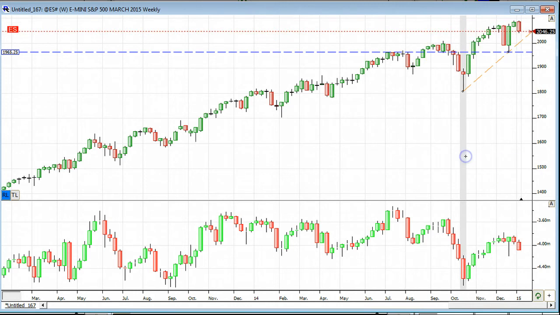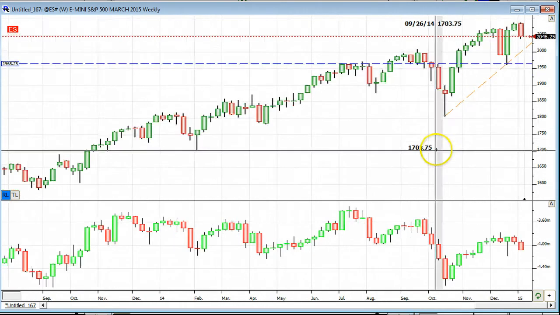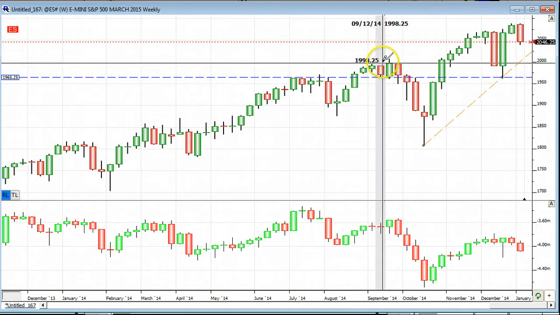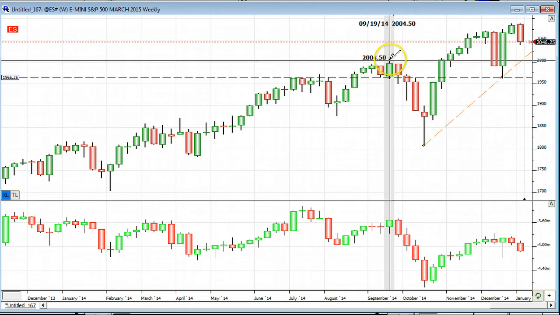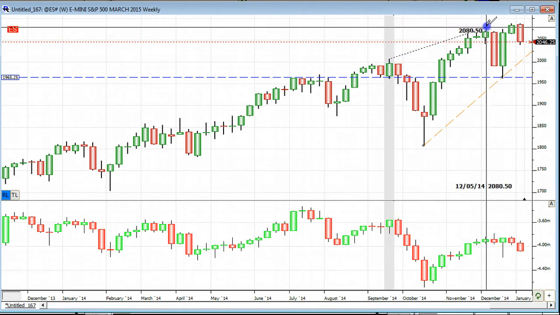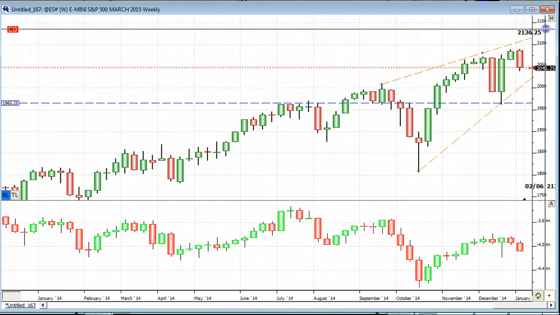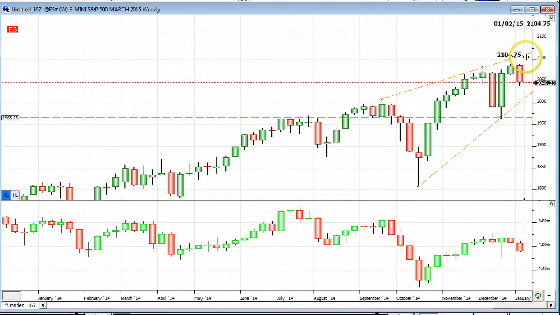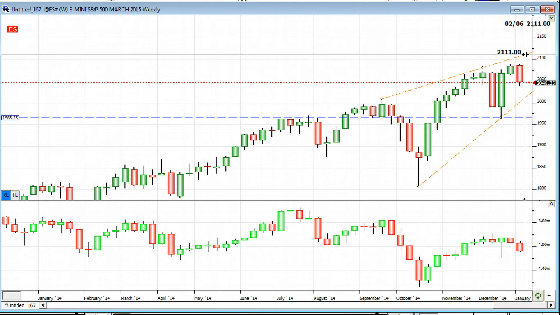Also, on the upside, it is possible to project a little bit of resistance by combining these two tops here. Therefore, now on the upside, one should expect to encounter resistance between 2100 to 2110.